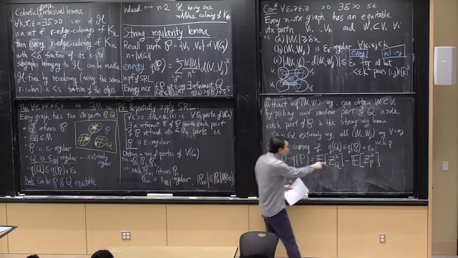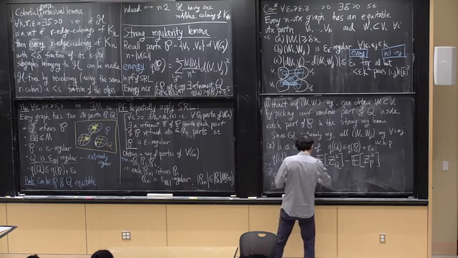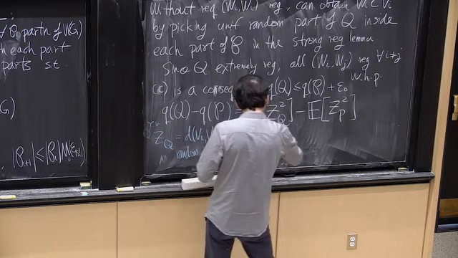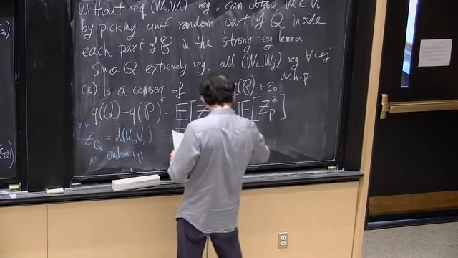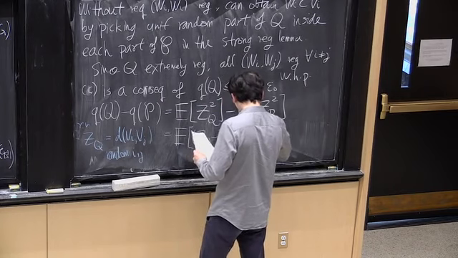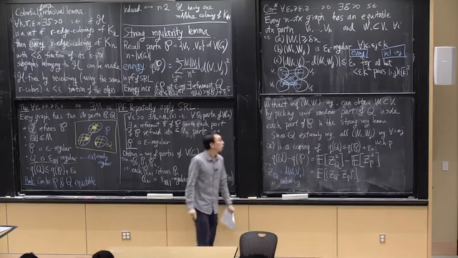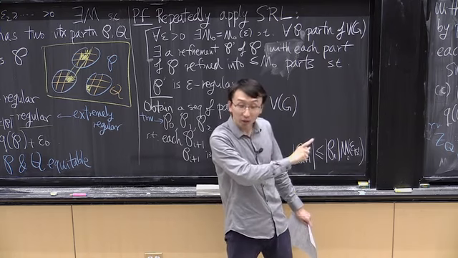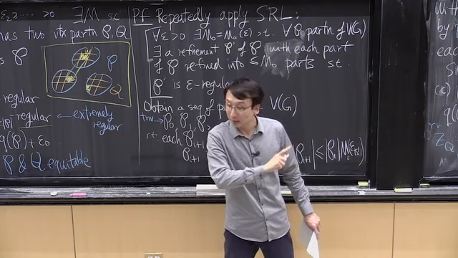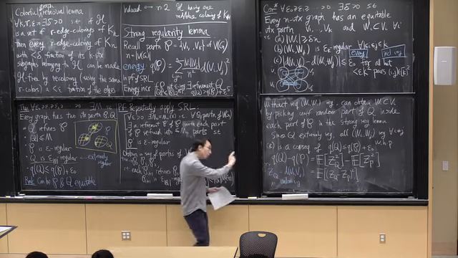And because Q is a refinement of P, it is the case that this difference of L2 norms is equal to the second moment of the difference of the random variables. And so we saw a version of this earlier when we were discussing variance in the context of the proof of the Szemerédi regularity lemma. Here it's basically the same.